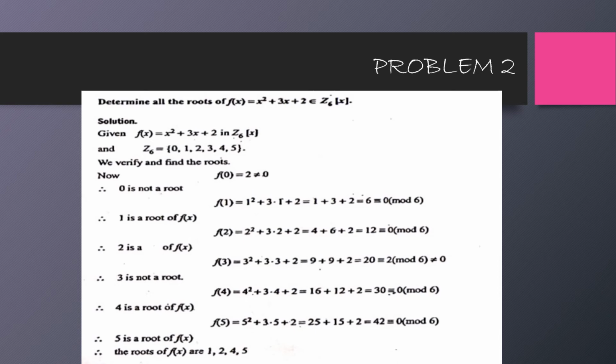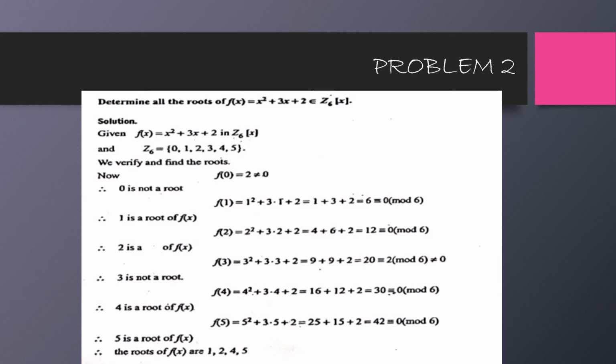Now I'm going to write what Z6 is. Z6 contains 6 elements. Try to understand this concept. When I write 6 here, I should have 6 elements in that particular set. If I have 10 here, I should have 10 elements in the set. But the elements of the set should start from 0.